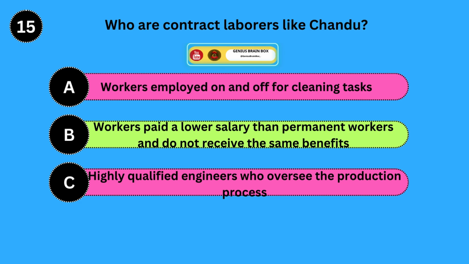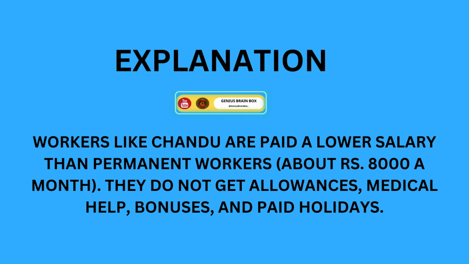Correct answer is... Explanation. Workers like Chandu are paid a lower salary than permanent workers, about 8,000 rupees a month. They do not get allowances, medical help, bonuses, and paid holidays.